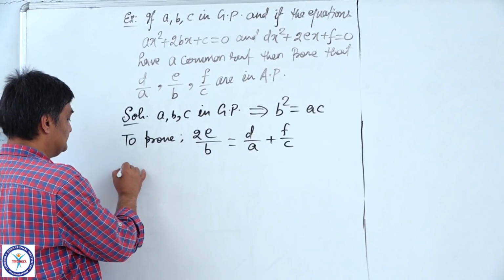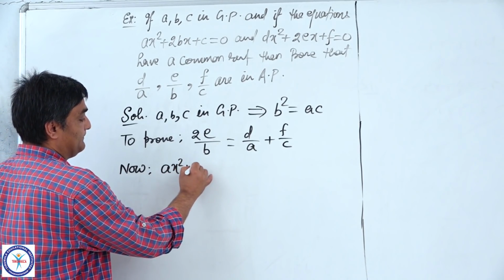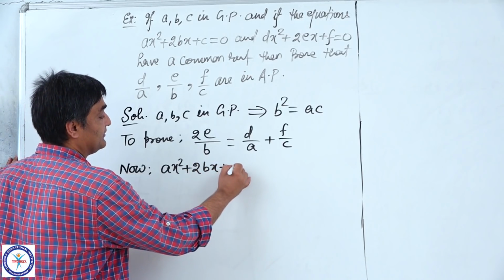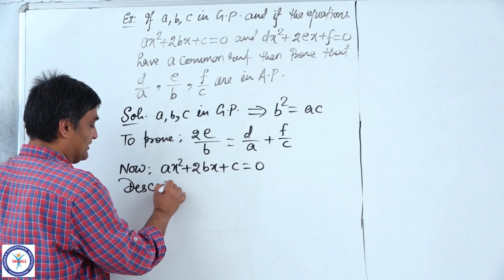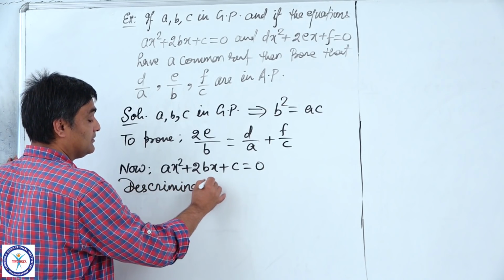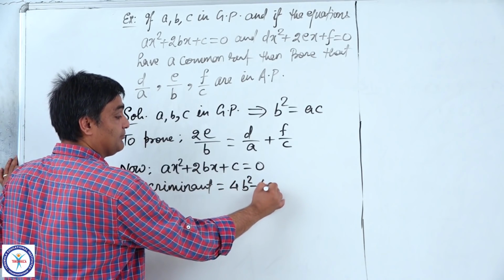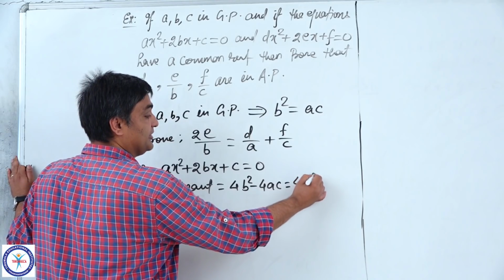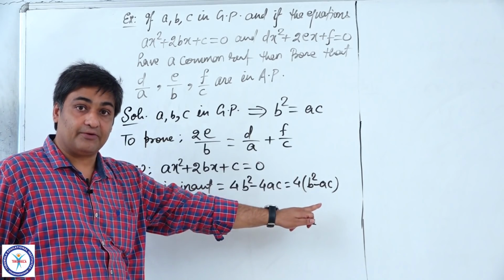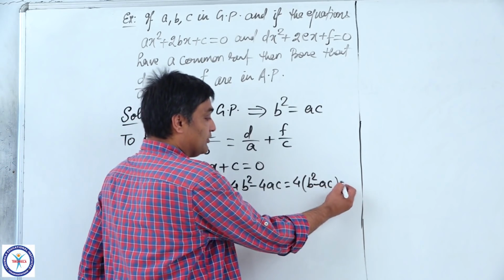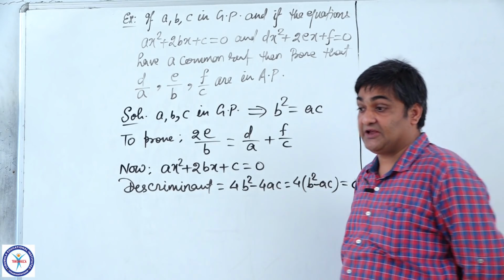Now, ax square plus 2bx plus c equal to 0. What is the discriminant? Here it is 4b square minus 4ac, that is 4 times b square minus ac. And since it is in GP, b square minus ac will be 0. So here the discriminant of the first given equation is 0.